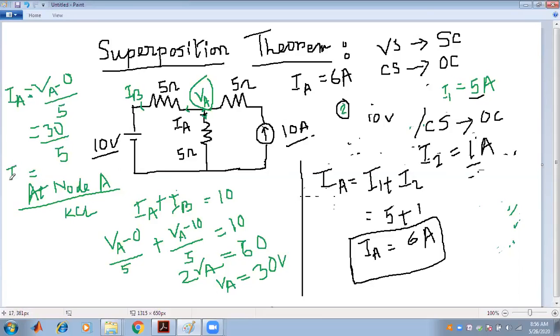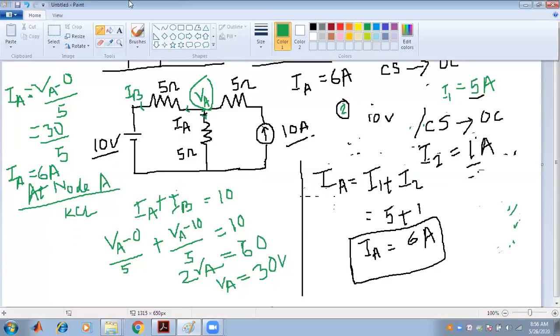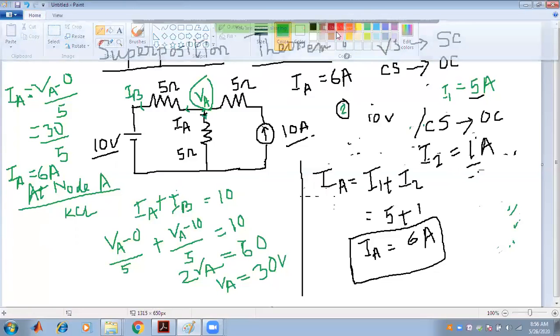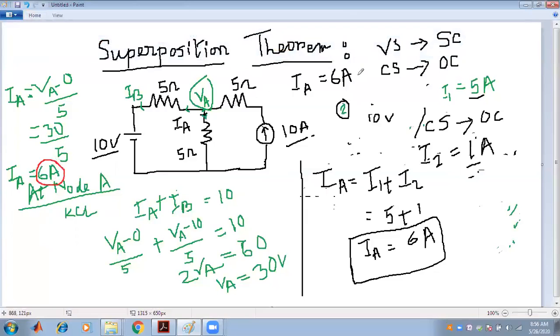So IA is 6 ampere, using the concept of KCL and nodal analysis. It is seen that this one is equal to the superposition result. With the cross check, both the currents are the same. We have tested with the help of KCL and nodal analysis whether our answer is right or wrong, and both our answers are the same, that is 6 ampere.